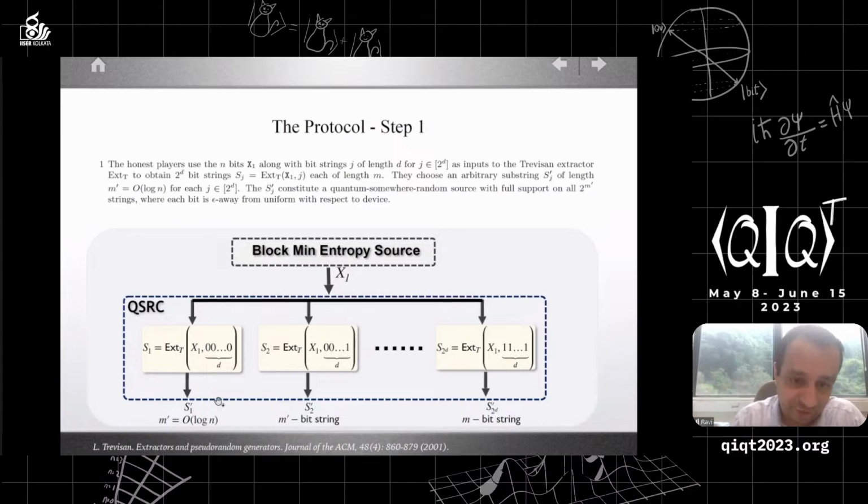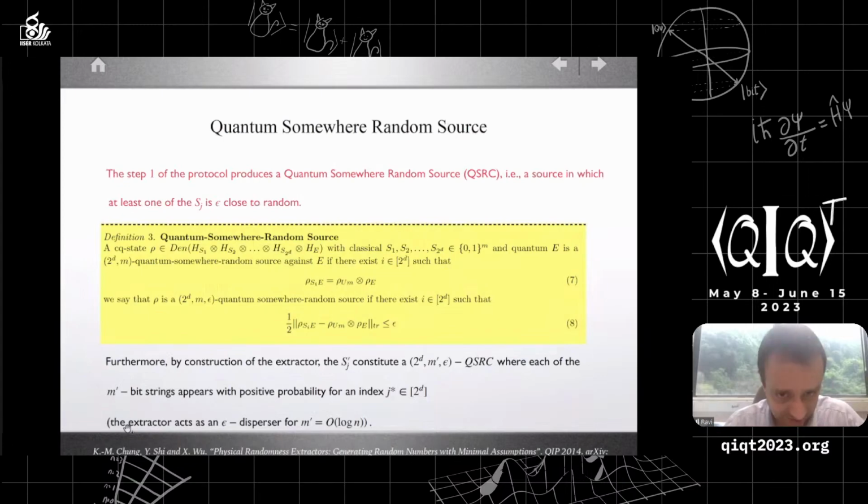The second step of choosing the log n bits further ensures that not only do we get a string that is epsilon away from uniform, but it also has full support, which means that every string of length m prime has a non-zero probability of appearing. If you know about such things, in such a case the extractor acts as an epsilon disperser for this parameter value log n.